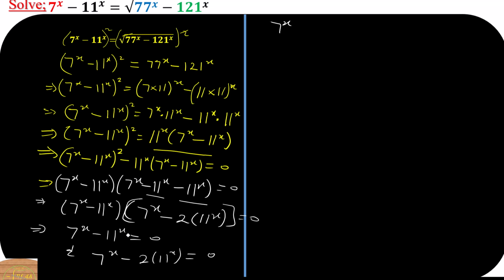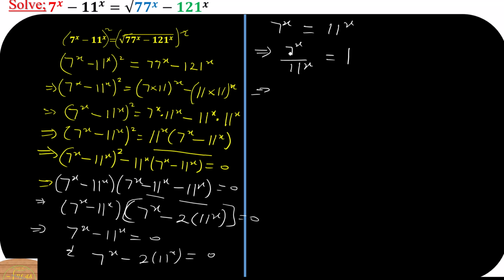I'll send this one to this side and divide both sides by 11 exponent x, which gives me 7 raised to x on 11 raised to x equal to 1.